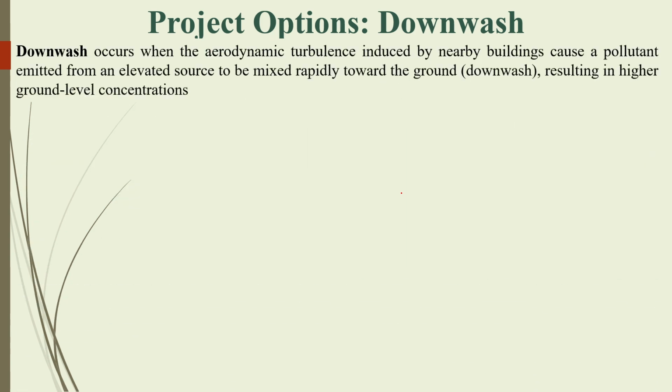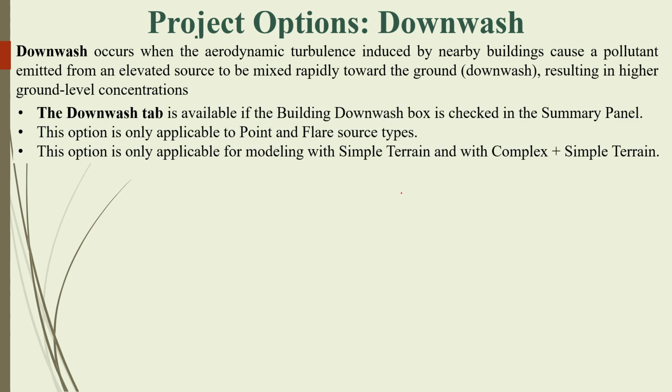Now the downwash. Downwash occurs when the aerodynamic turbulence induced by nearby buildings causes a pollutant emitted from an elevated source to be mixed rapidly towards the ground, that is downwash, resulting in higher ground level concentration.